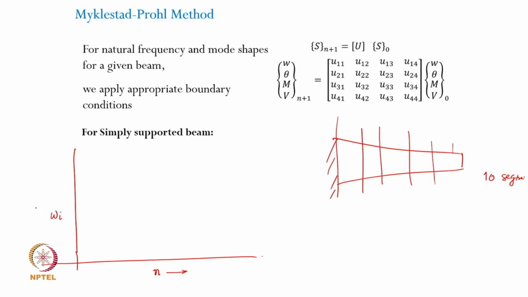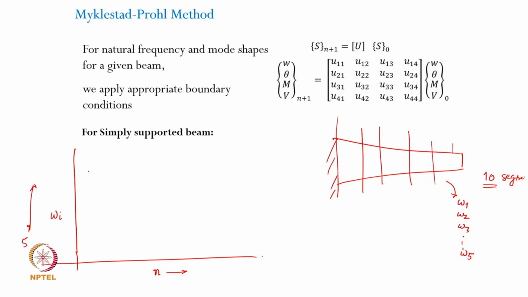So you can list down, or you can plot on this, let us say, first 5 natural frequencies, which you will find or evaluate based on the discretization into 10 number of segments. So from analyzing this, you will get omega 1, omega 2 up to omega 5, right? Let us say, to start with, let us say we are interested in the first 5 modes.